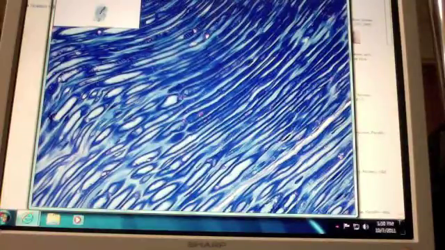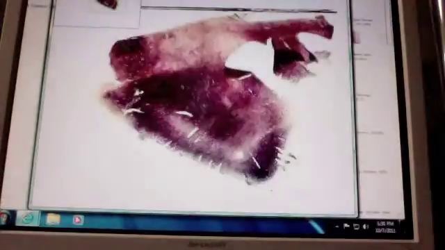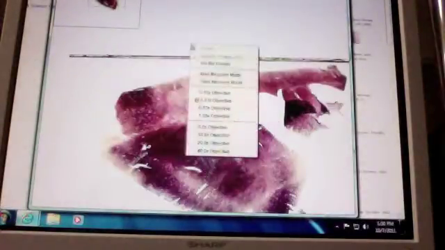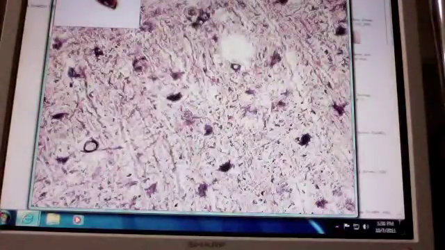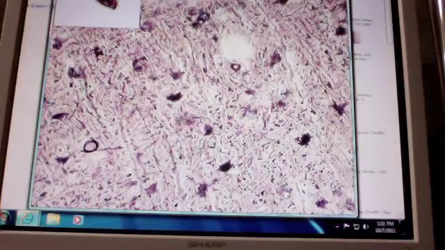All right. So we're done with the myelinated nerve. Let's go and have a quick look at the astrocytes. So when we look at this, we've got the section of neuroglia.